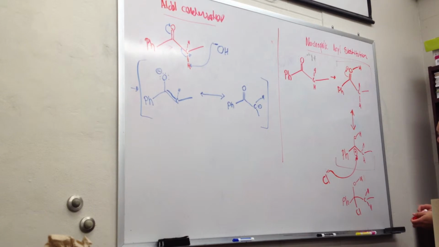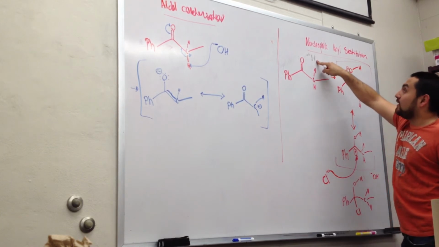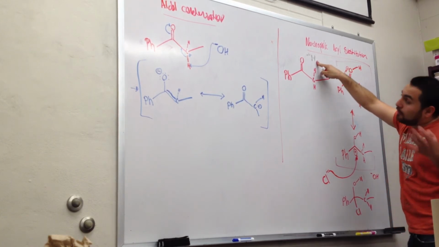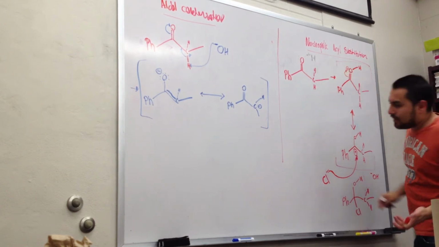Notice also that I started with an acid. Okay, so since I started with an acid, that means that most likely I now have a base, right, somewhere floating, because this had to be gotten from something. You know, this product had to be abstracted from a compound, and that compound became a base.